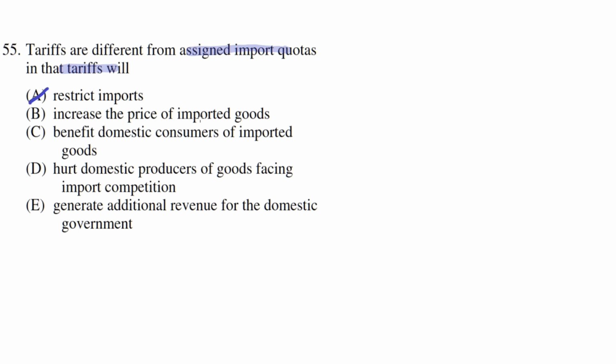B. Increase the price of imported goods. This is incorrect because quotas also increase the price of imported goods, and we can determine this by looking at a supply and demand curve, where the y-axis represents price and the x-axis represents quantity.